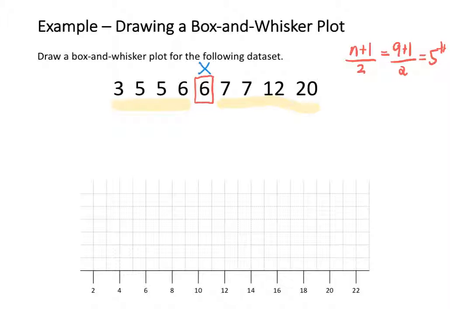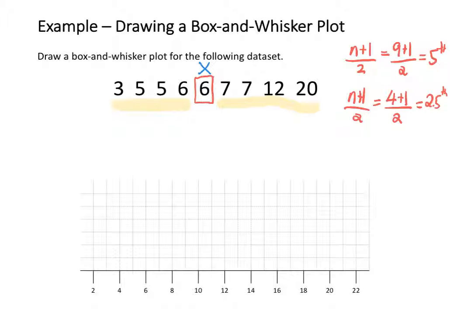To find quartile 1 and quartile 3, I need to work out where they lie within each half. Again, I'm going to use my n plus 1 formula, divide by 2. This time it's 4 plus 1 divided by 2, which is equal to 2.5. So I'm looking for the 2.5th term to work out quartile 1 and quartile 3.